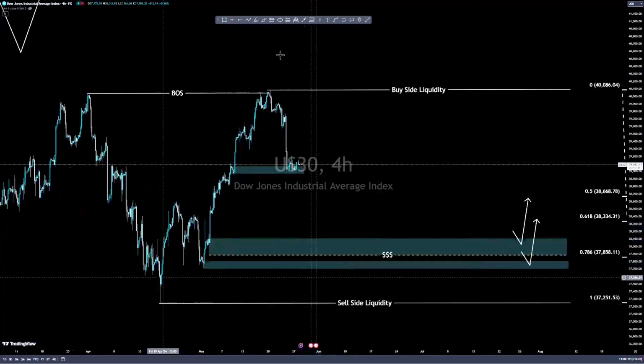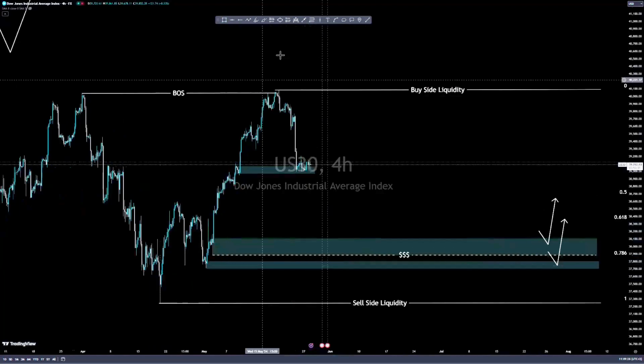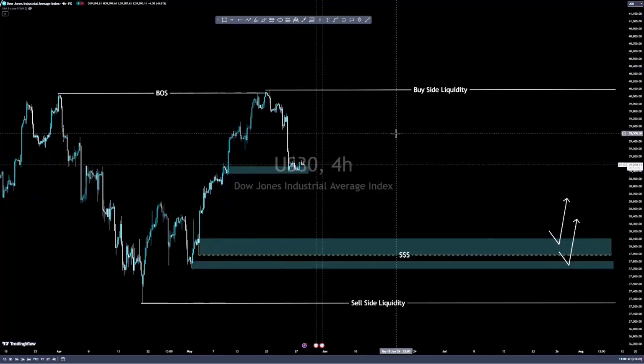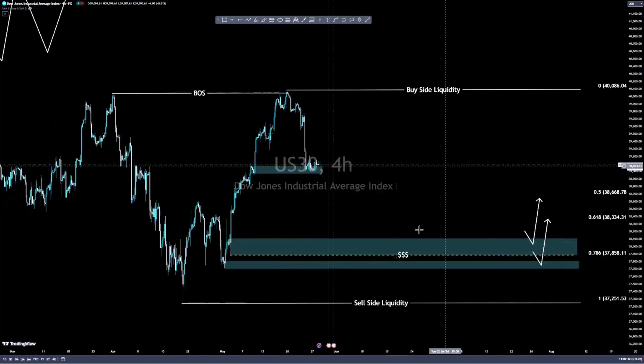The fair value gap was mitigated, and price continued to go up and broke the structure here. So far we are seeing a beautiful continuation that's about to happen. It can either happen here at this zone that it's at, or at this one.